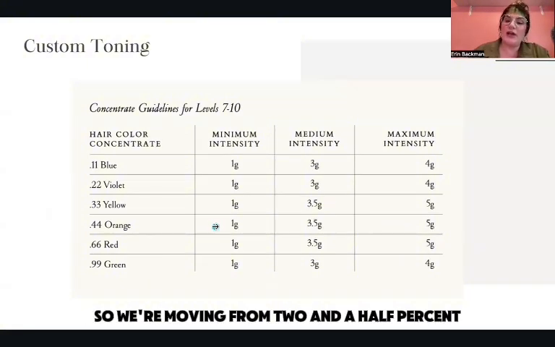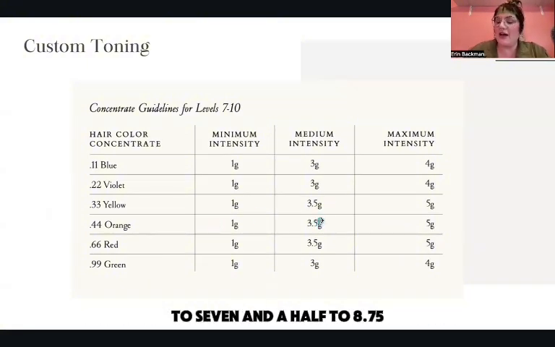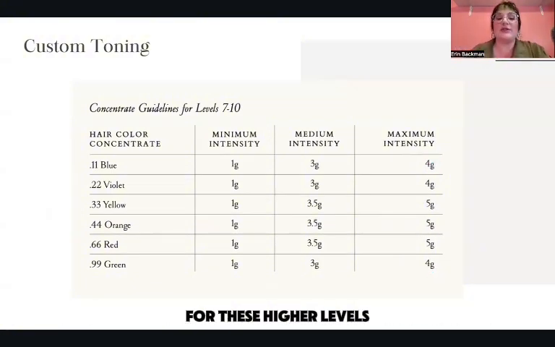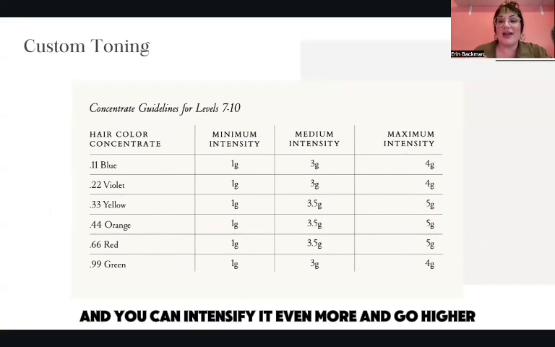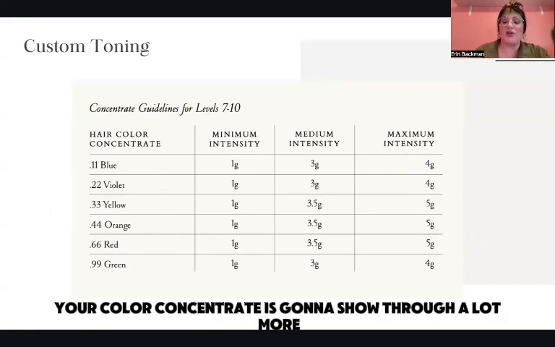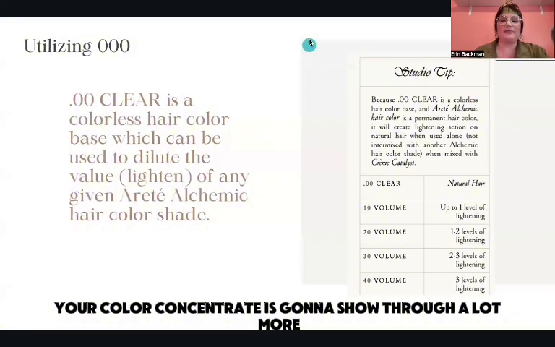So we're moving from 2.5% to 7.5 to 8.75 to 10 to 12.5%. So this range is 2.5 to 12.5% for these higher levels. And you can intensify it even more and go higher. Just know that your color concentrate is going to show through a lot more.